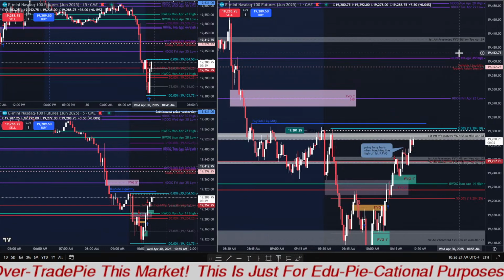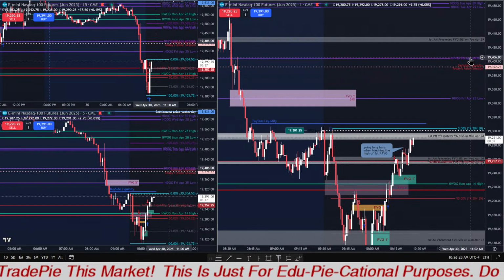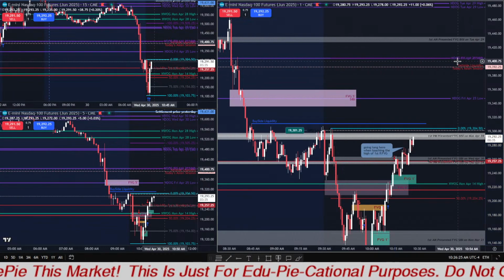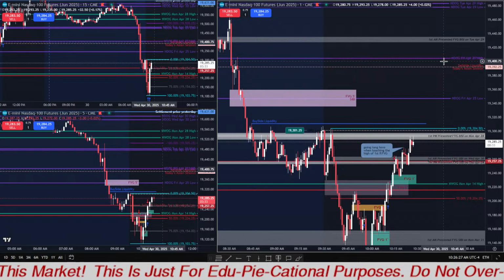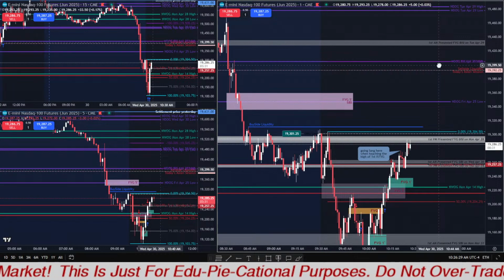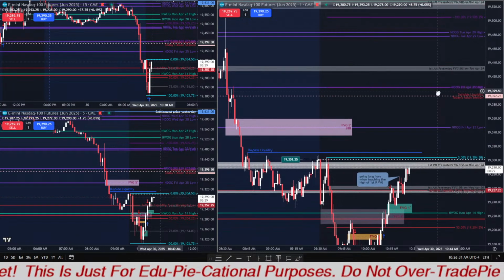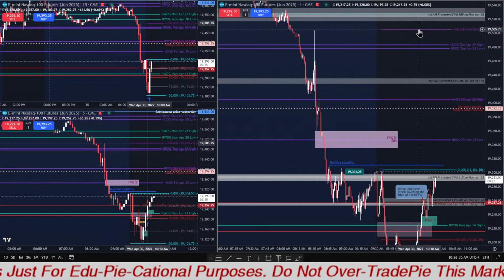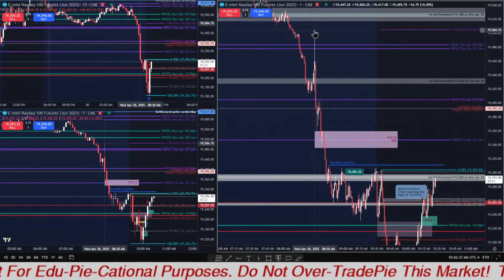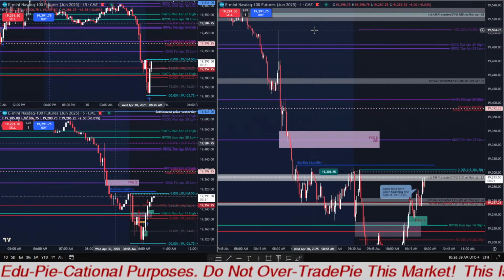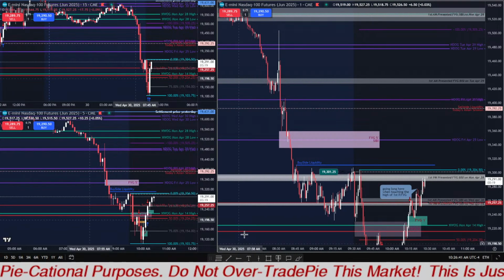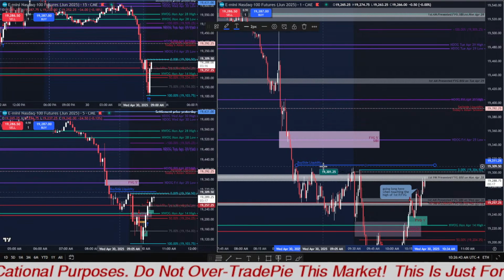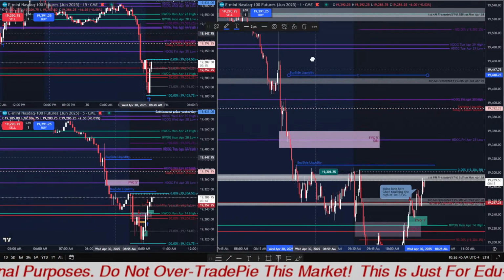By doing this, we can see there is a projection over here with the new day opening gap high from last Friday. The next 100% projection is at the top of the candle for news at 8:30. So this can be my next target over here.